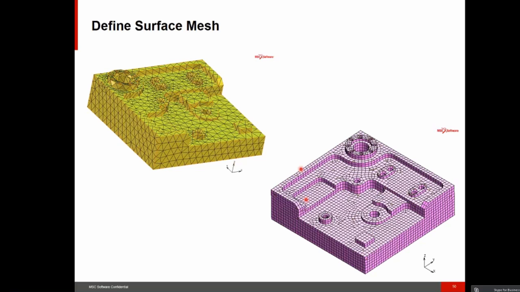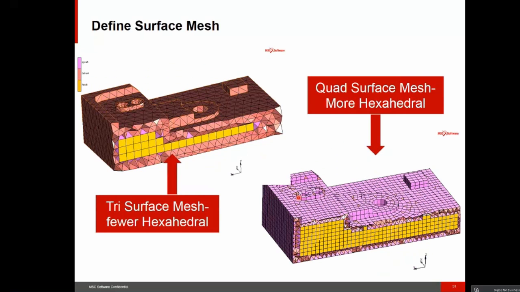And if we generate a predominantly quad mesh, then effectively what we're going to get is predominantly pyramid elements and then hexahedral elements. Where there were triangular faces, we'll see tetrahedral elements, then prism elements, then hexahedral elements.